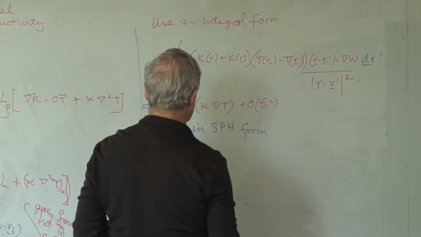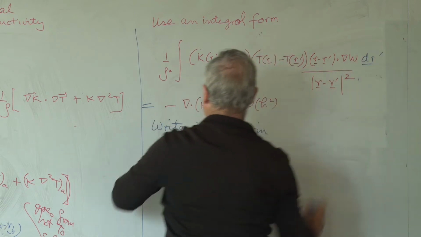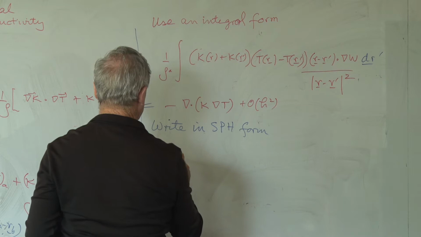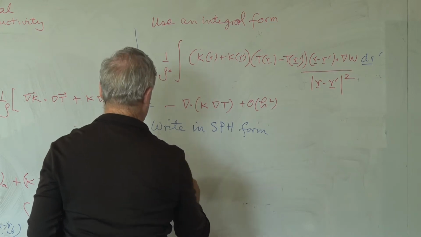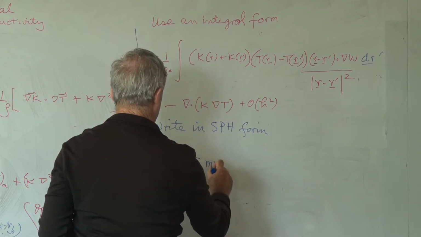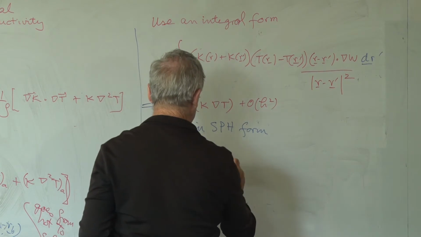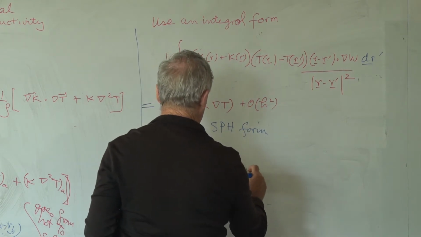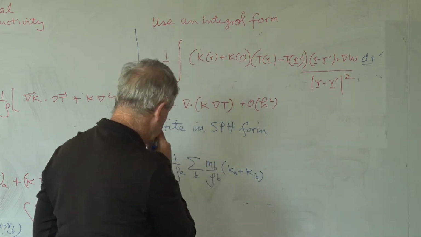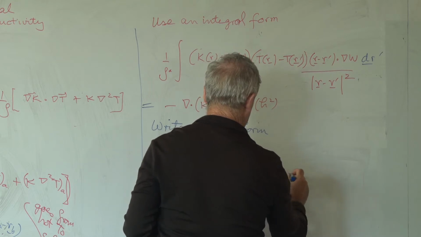So in the usual way, I'm going to divide that by rho and multiply by rho, and that's going to be a mass. So this is equal to 1 on rho A times the sum over B, m_B over rho B, kappa A plus kappa B. So I'm doing this not for r, but for particle A. Then I'll have a T_A minus T_B.